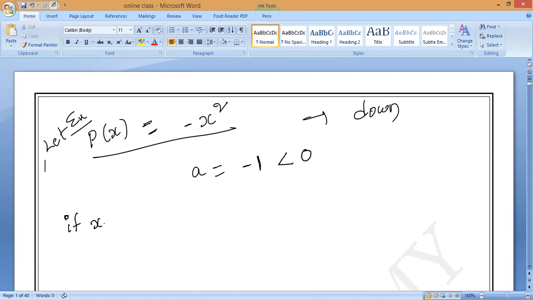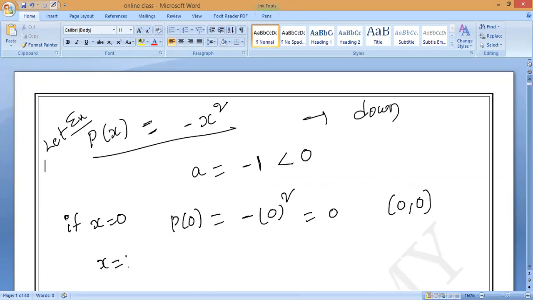If x equals 0, what is the value? P of 0 equals minus of 0 whole square, which is equal to 0, correct? Point is 0 comma 0. Next, if x equals 1, P of 1 equals minus 1 into 1 square. 1 square is 1, so it is minus 1.